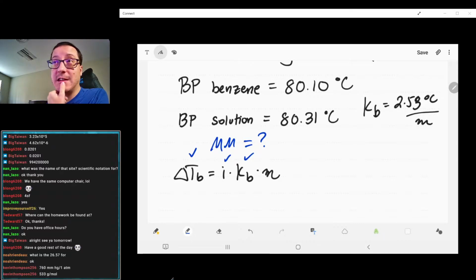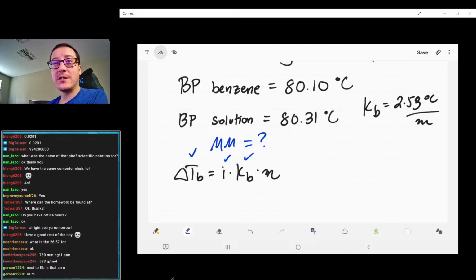We have a delta TB, which we could just calculate. We have our i is going to be 1. Very often, for all these things, the i is always going to be 1 because we don't really need to find the molar masses of our ionic compounds. Those are easily done because we would know what their components are. So this is typically done for molecular stuff anyway, so i is pretty much always 1.